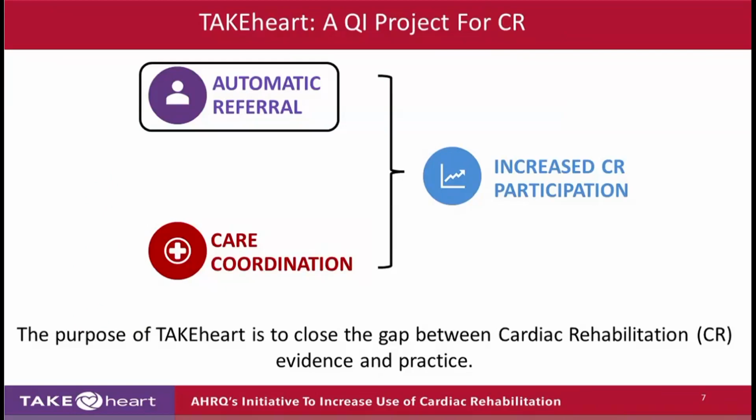The thing that we want to stress is that implementing automatic referral is going to place more stresses, and more importance, on your care coordination system, because the more patients that you correctly identify as needing to be automatically referred, the more you're going to have to support the care coordination of those patients and make sure that they get into the program, as you can see on the next slide.